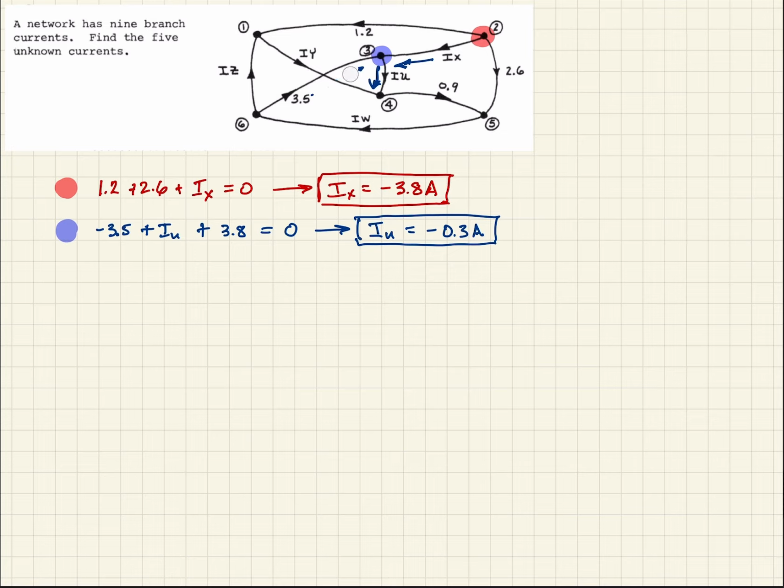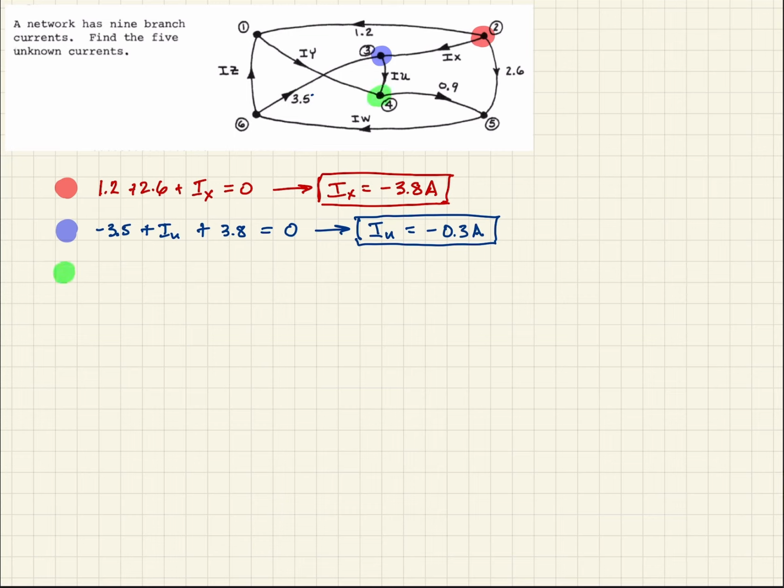So now let's move on. Let's pick another node that we think we should be able to solve. We're going to take a look at node 4 now, which is right here.